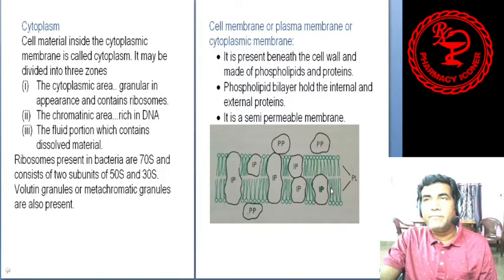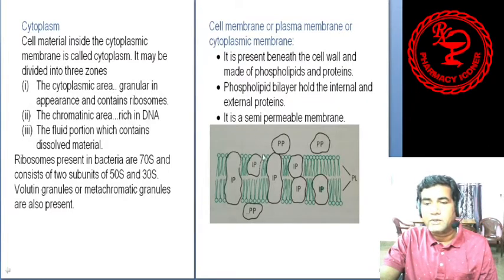This membrane's specialty is that it is a semi-permeable membrane. That means it allows some molecules to pass through, both entry and exit. That is very natural. Only nutrients, food material, etc., can enter the cell. If everything entered the cell, the unique characteristics and environment of the cell would be destroyed. That is why it is semi-permeable.